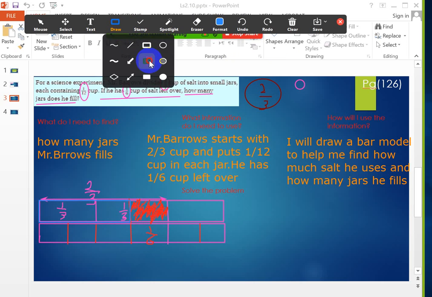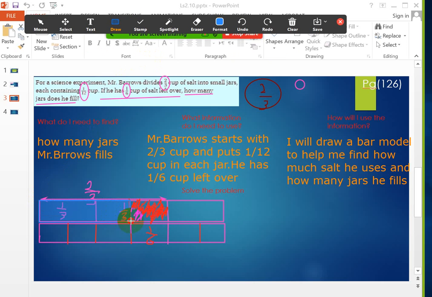The number that represents this is 1 over 2, that means the half. Because we have to take the 1 over 6 and throw it out. Now I will take this amount and divide it by 1 over 12 after removing 1 over 6 and find the number of jars.